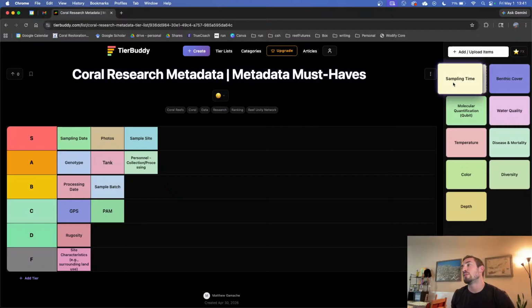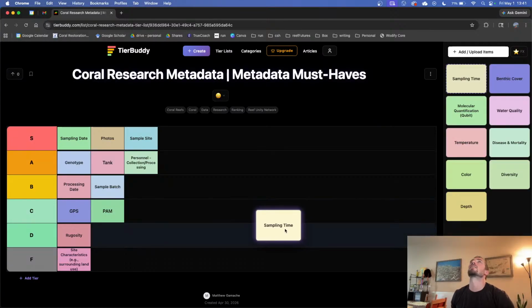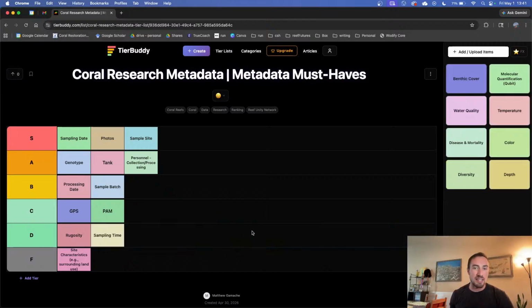Sampling time. So when did you actually do that? Collect your samples. My gut is saying D tier on this one. But you can look at it in a couple different contexts. In the field, it could be important.